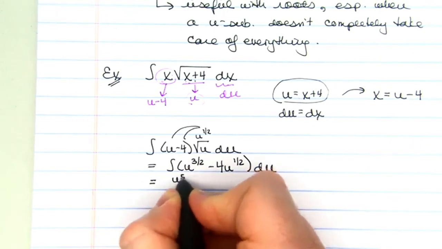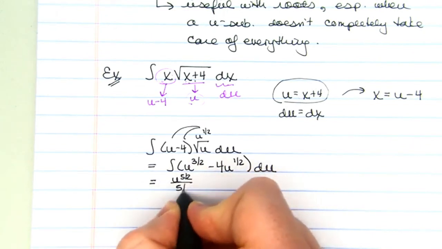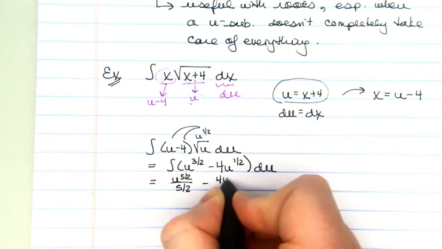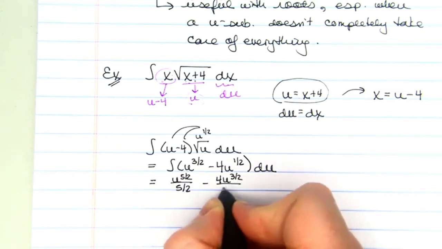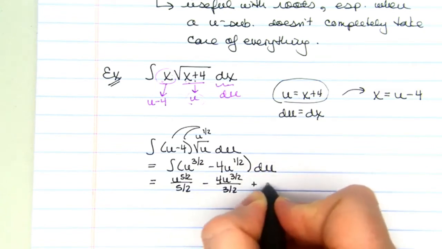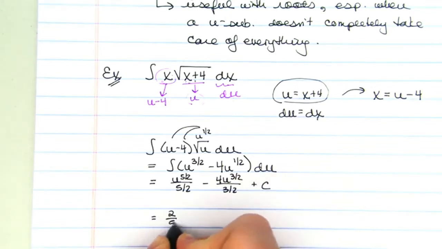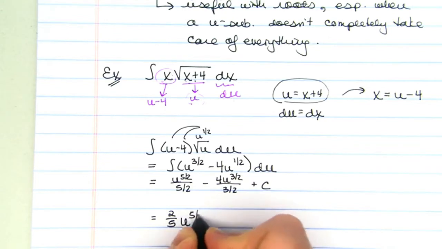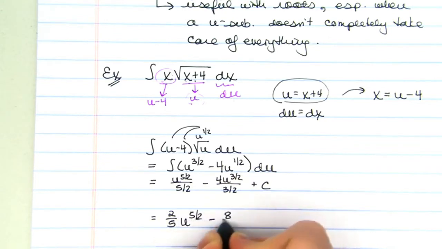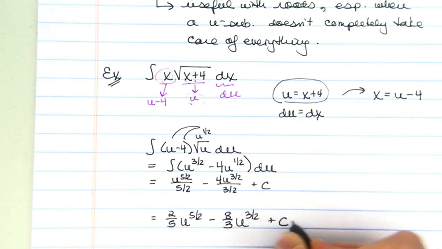Okay, so u to the 5/2 over 5/2 minus 4u to the 3/2 over 3/2 plus a constant. I'm going to clean that up and make it 2/5 u to the 5/2 minus 8/3 u to the 3/2 plus c.